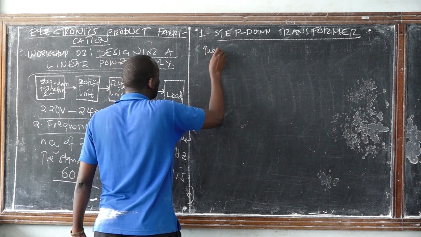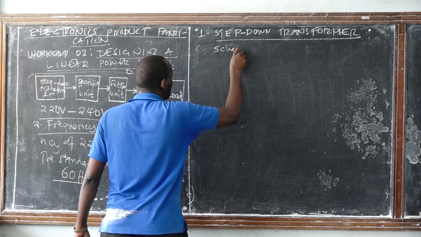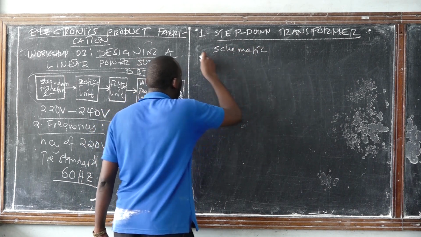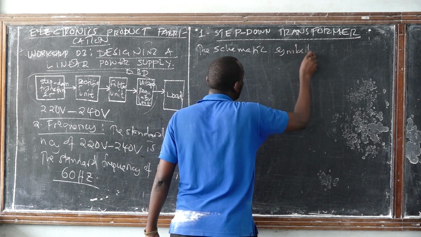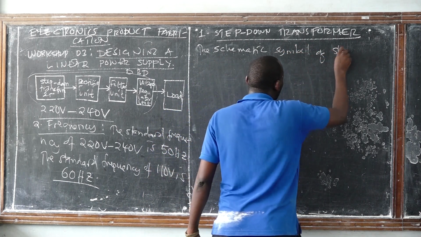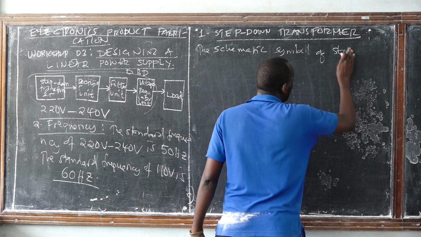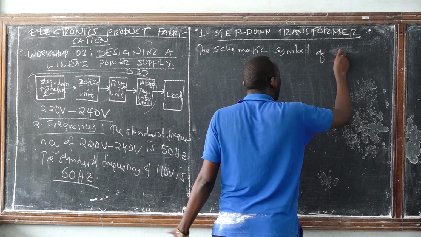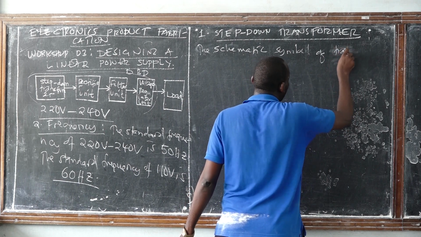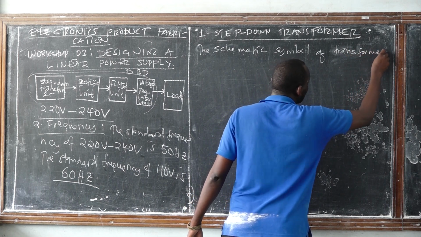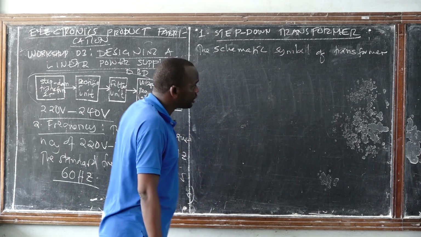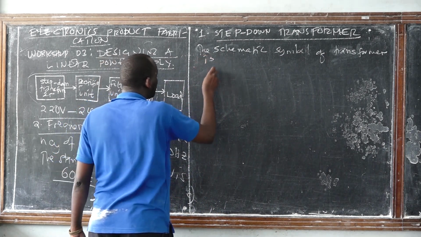So, the schematic symbol. This is the general schematic symbol of any transformer, whether it is a step down or step up transformer. The schematic symbol of a transformer is this one.